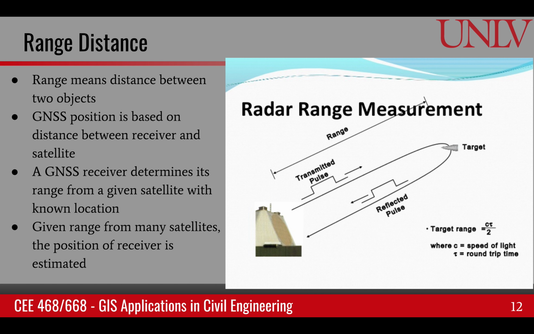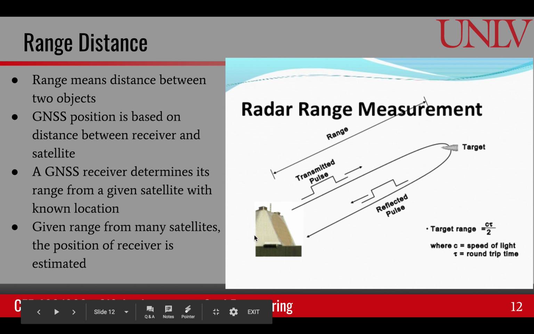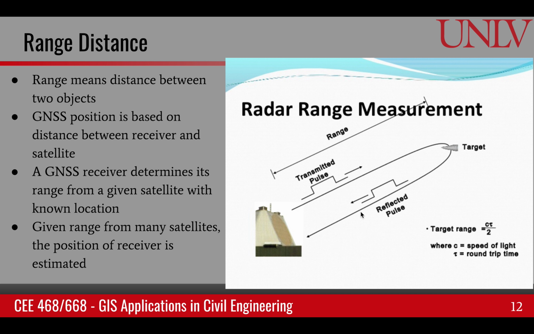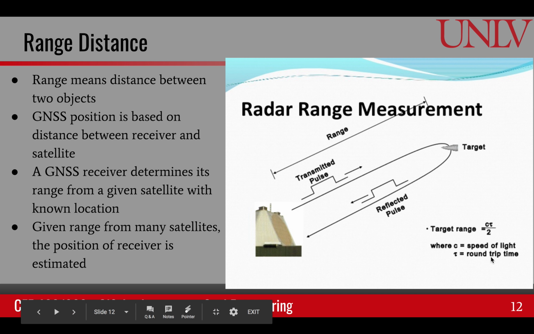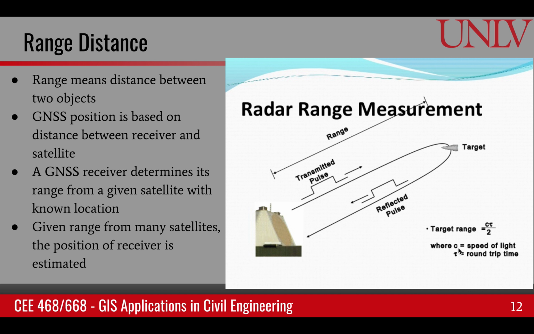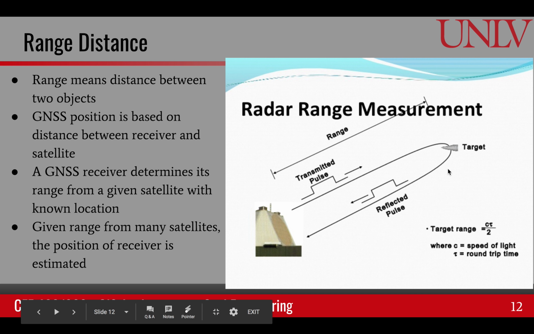And how the range is determined is based upon the same principle that is used in radars detecting aeroplanes at the coast or in the air. There's a two-way path of a pulse in case of radar, and the time it takes for the pulse to go to the target and come back is used to estimate the two-way distance, because we know the speed of light.